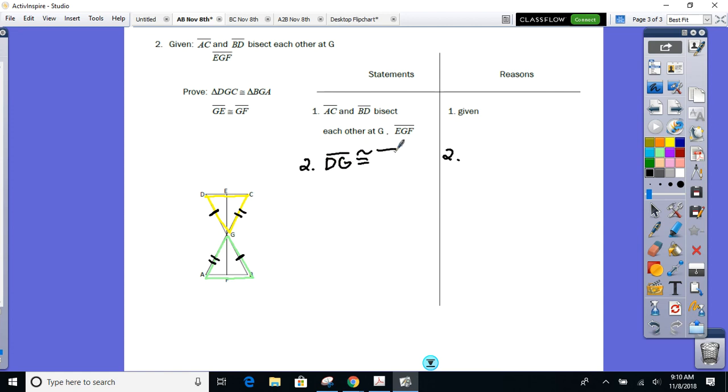DG congruent to GB down below, and AG congruent to GC. What would be my reason there? Definition of a bisector.